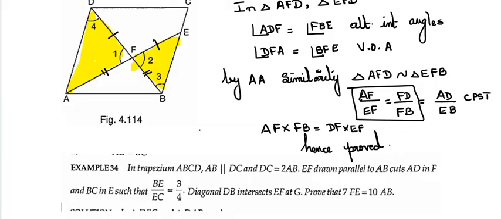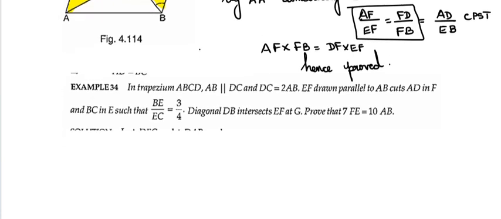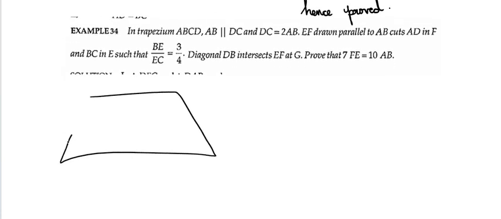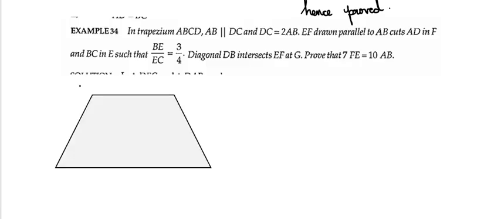Okay. Draw a trapezium. I might have to draw the figure again because I cannot scroll up and down. I will draw it. ABCD is a trapezium. AB parallel DC. DC equal to 2 times AB is given.